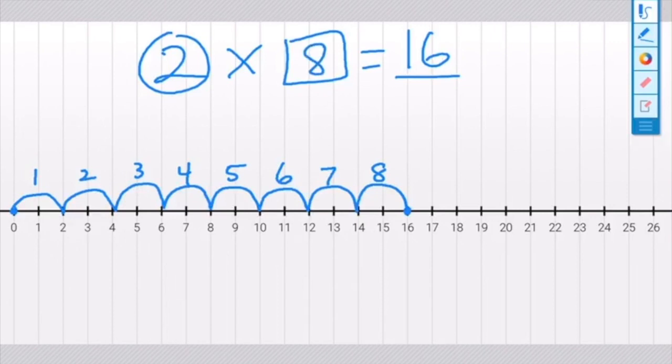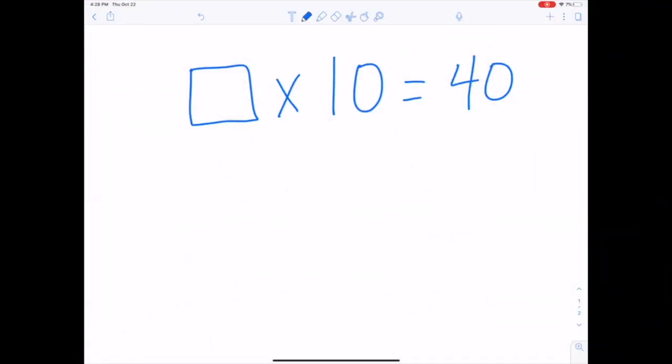8 times. As we get to be more experienced with missing factors, it's sometimes easier just to do a skip count to find the missing factor. So I know from this equation that 40 is the number that I'm going to be skip counting to. So I need to stop at 40. And I realize that my other factor is 10.